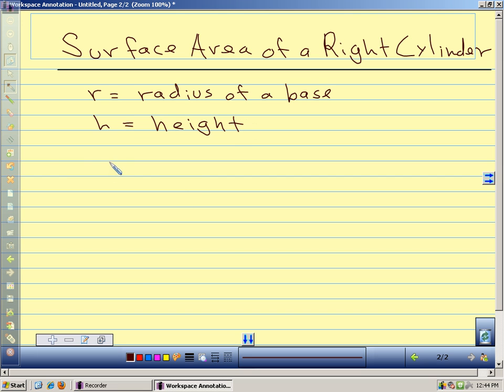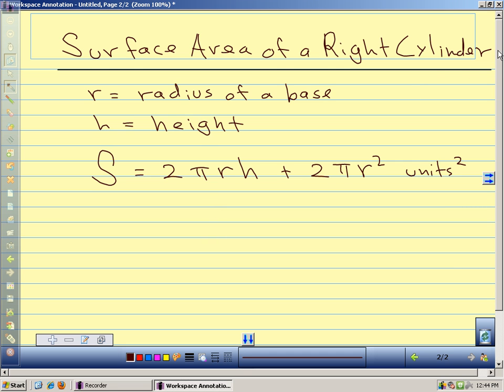Our surface area S equals 2 pi R H plus 2 pi R squared. And our units are square units. So we need these two things, radius of the base and the height, to find our surface area.